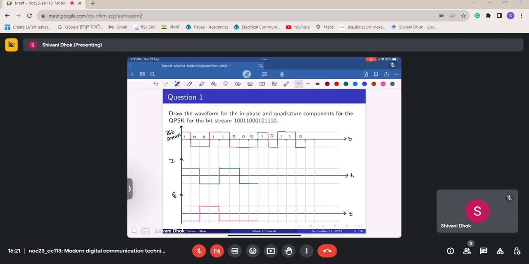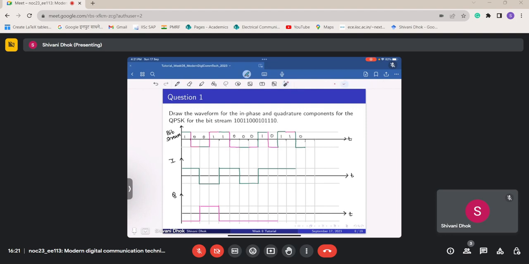After that we have this one, and this is an in-phase component. Again, it will consume 2 symbol durations. After this one, we have this 0, and this will consume 2 symbol durations for the quadrature component, something like this. Then we have a 1, which is again in-phase component, so this will remain here.